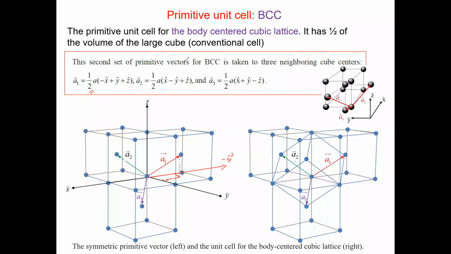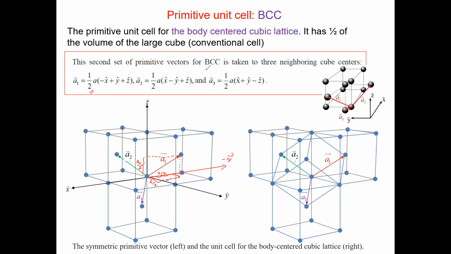The projection has a length of a/2, right? So this one is a/2, and here is another a/2, okay?